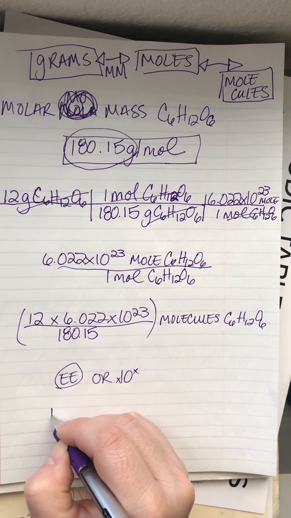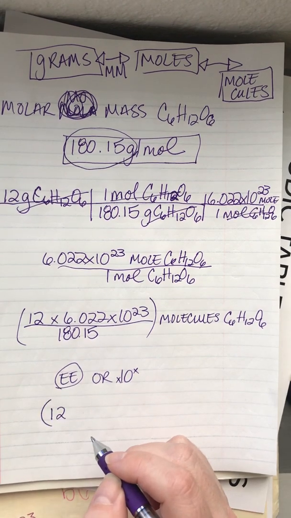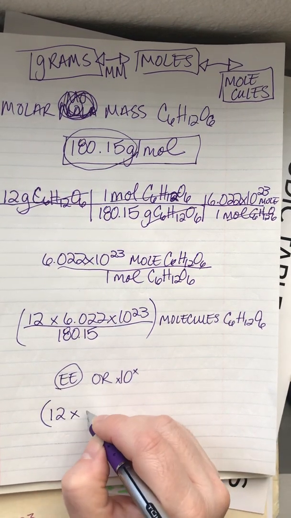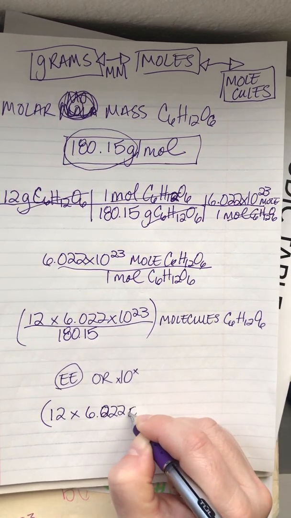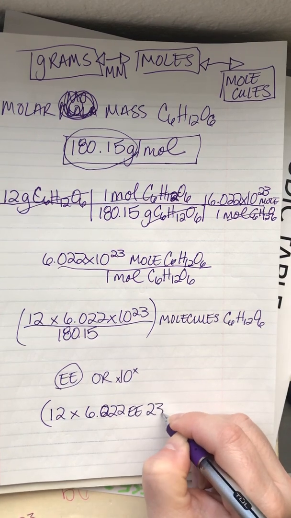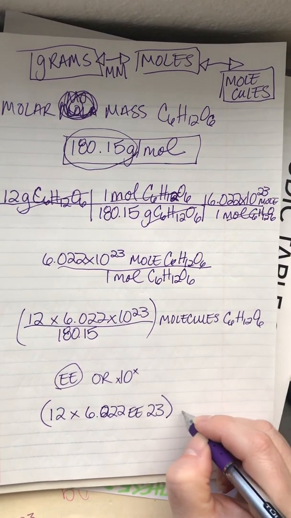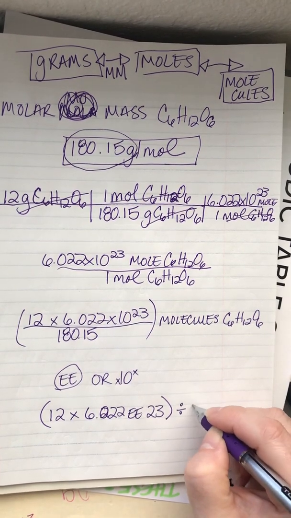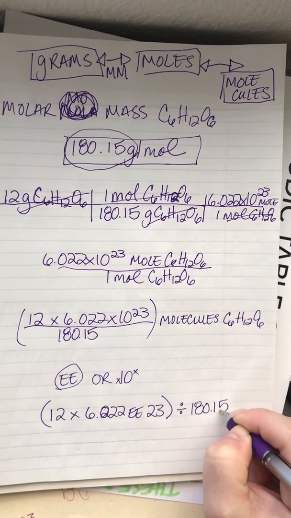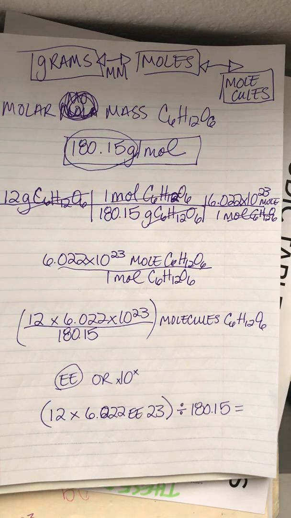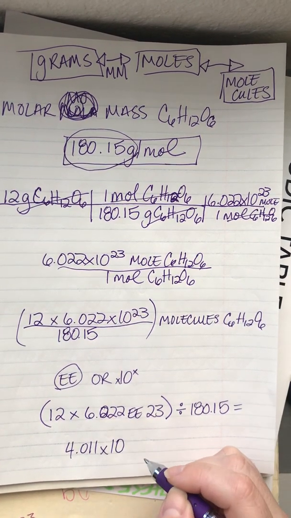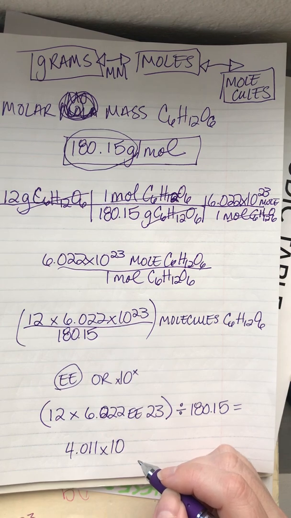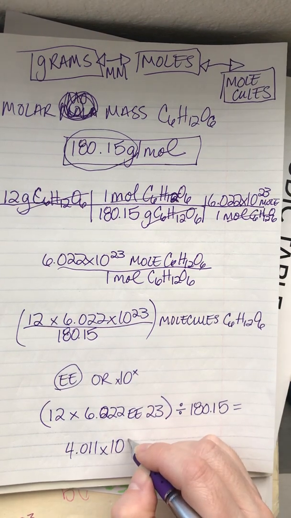I would have parentheses, 12 times 6.022 EE 23 end parentheses divided by 180.15 equals. 4.013232. Now, how do you want me to round? Like sig figs? Yeah. Okay, so 4.011 times 10 to the 22nd.